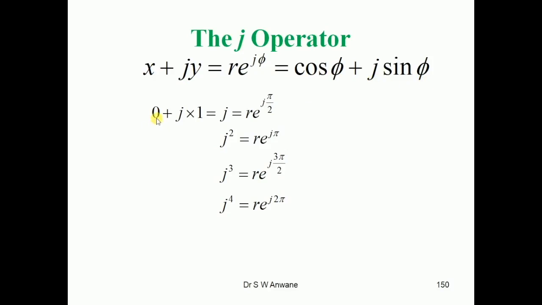Now here we have the first point 0 plus j times 1, that we can write simply as j, and it can be written as r into e to the power j times pi by 2. So here you can consider r to be 1, and we can write j as e to the power j pi by 2. j square you can write as e to the power j times pi. j cube you can write as e to the power j times 3 pi by 2, and so on.